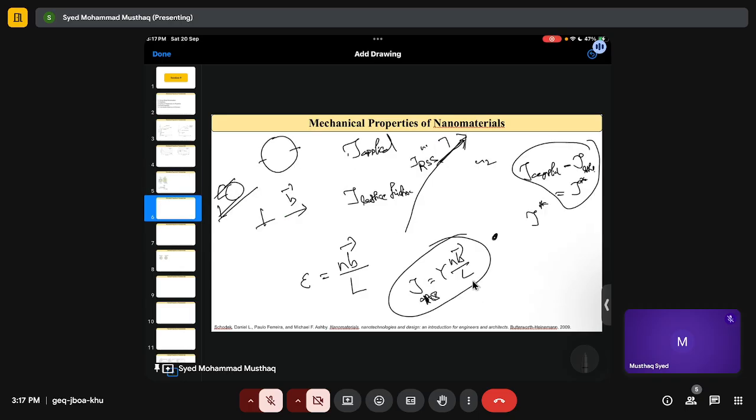So the critical stress required will be equal to, so yeah, there is another relation that you need to understand. The other relation is tau star.